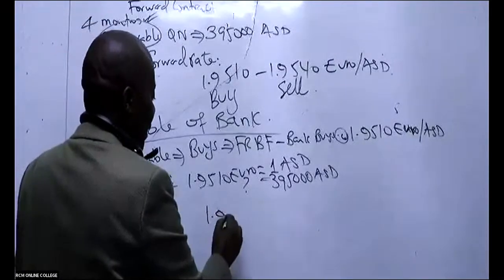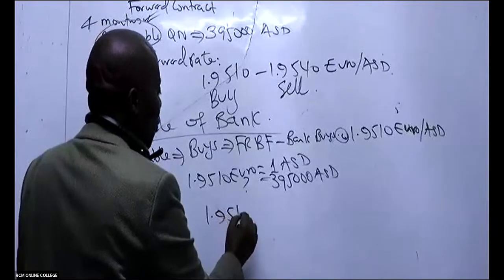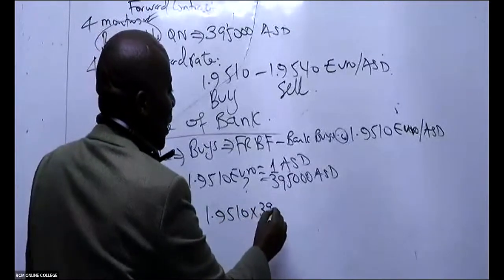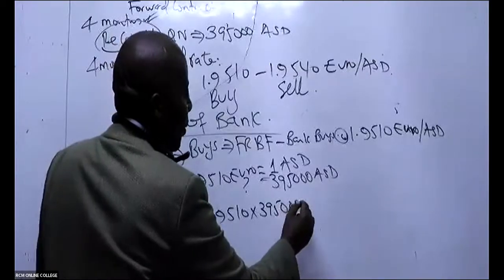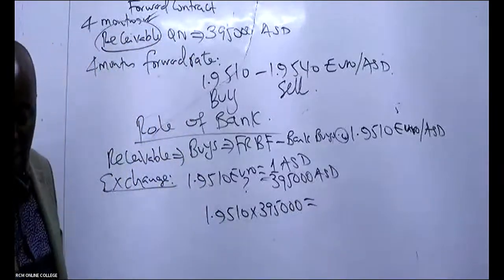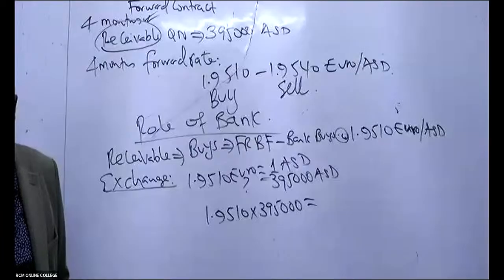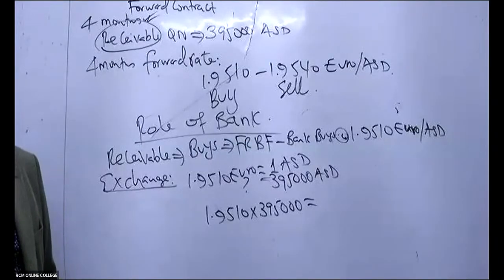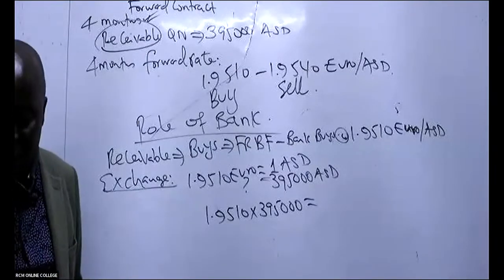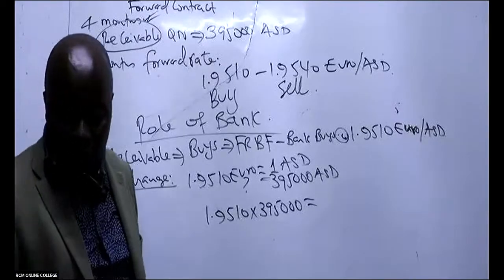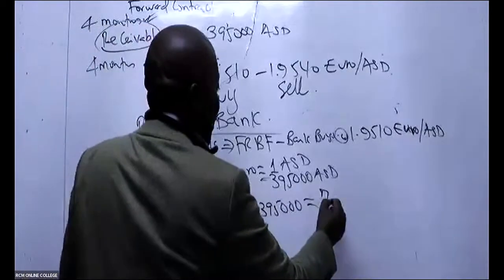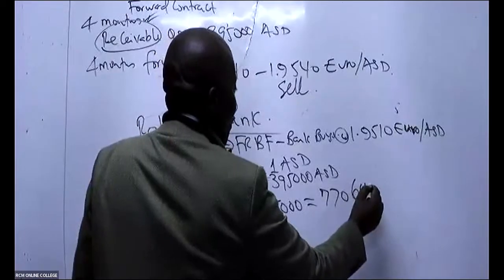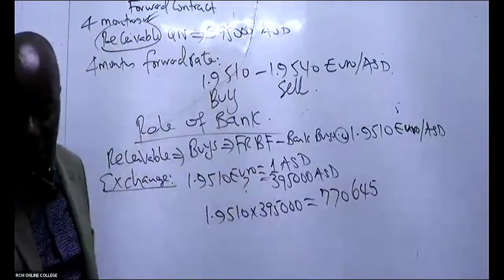90 minutes. So it will be 1.9510 times 395,000, which will end up giving me what figure, Cecilia? Maggie Waithaka, Mildred, they have given me 770,645.